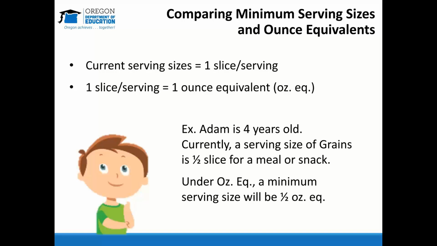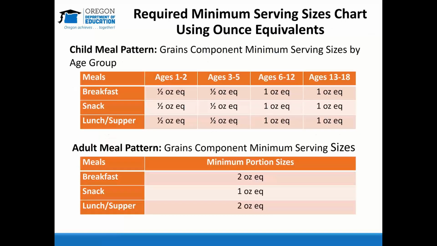Under ounce equivalents, though, a minimum serving size will be half an ounce equivalent. So instead of serving half a slice or half a serving, you are now serving Adam half an ounce equivalent for his grains component. Not much changes there.